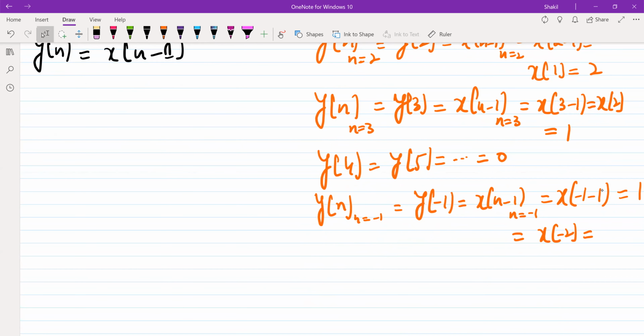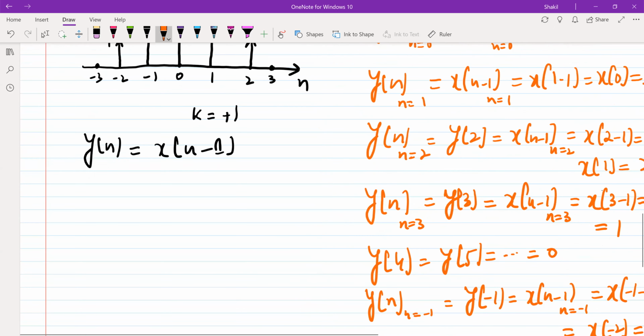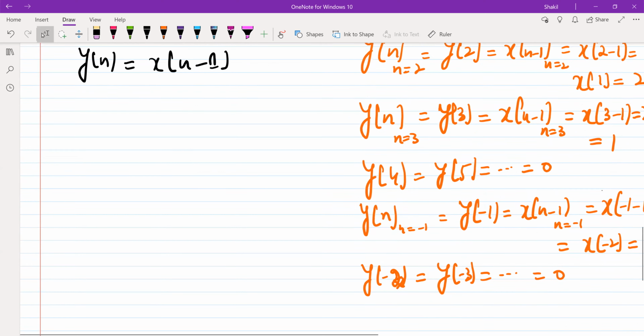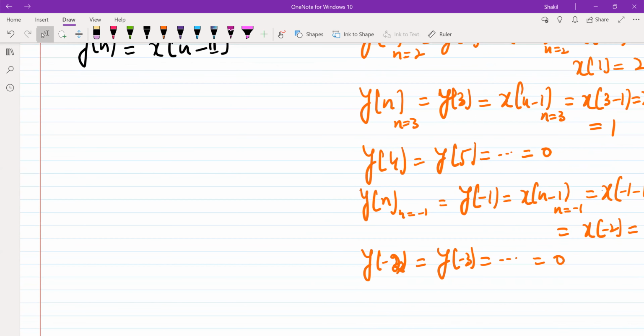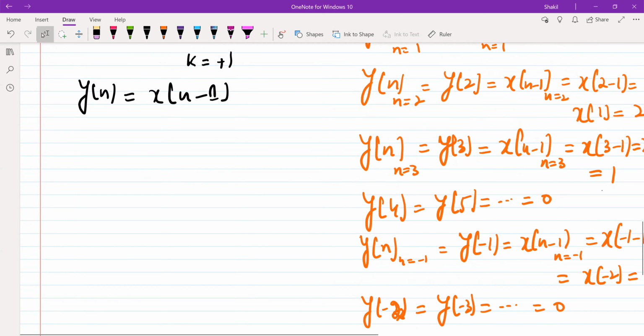Now the rest of the samples of y for negative values of n, means y of minus 2, y of minus 3, y of minus 4, y of minus 5, and so on, are all zeros, that you can confirm from the given sequence. Substituting the values and repeating the procedure, you will get these values equal to 0. So our y sequence, which is equal to x of n minus 1, is like this.